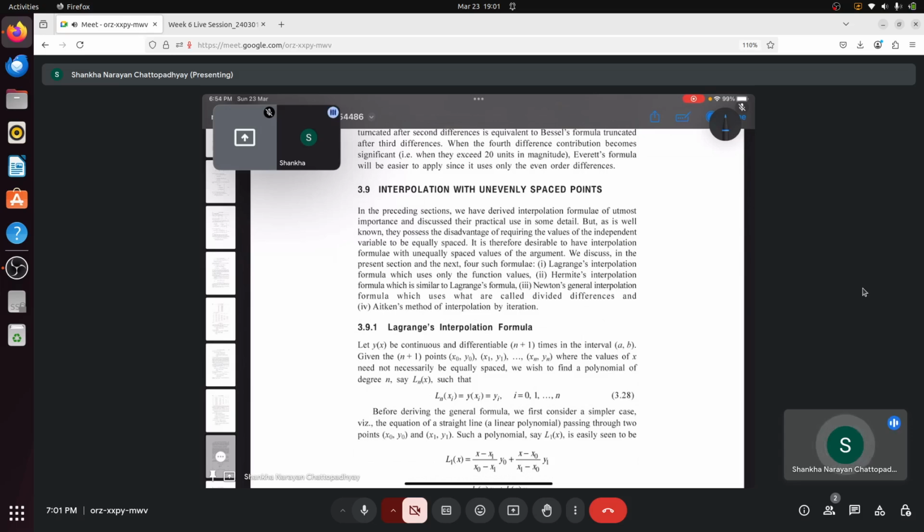Till now we have got the points to be equispaced, but in reality the points may not be equispaced, and for that purpose interpolation with unevenly spaced points is also quite natural, and for this purpose there are many methods. The main methods are Lagrange's method, Hermite's method, Newton divided difference method, and Aitken's method.